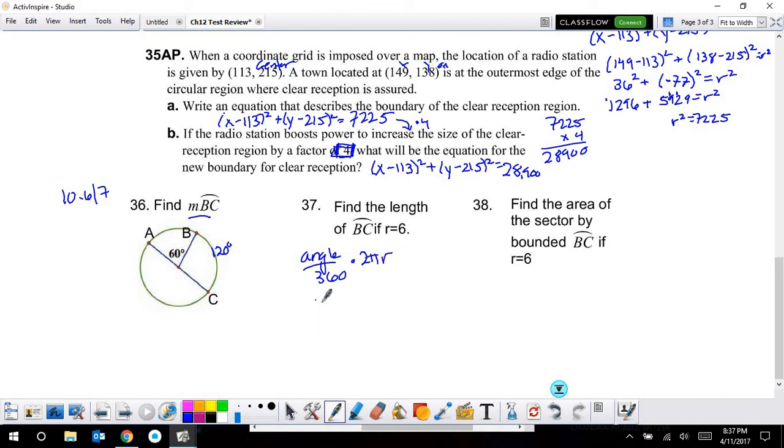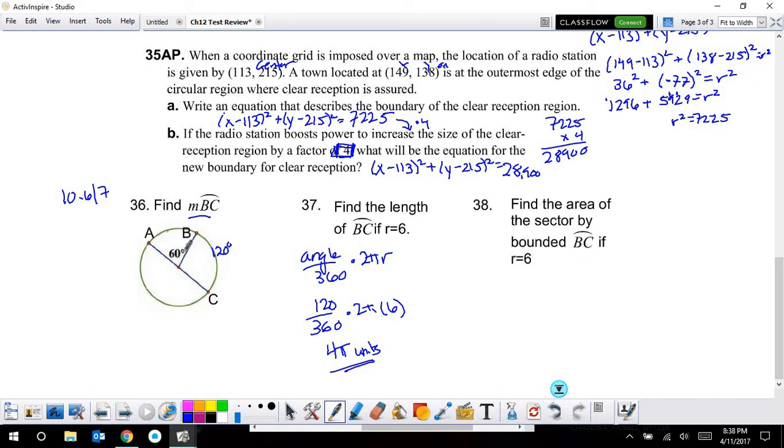So we've got the angle, we know is 120 over 360 times 2 times pi. The radius was 6. So when you do 120 over 360 times 2 times 6, you should get 4 pi, and I forgot to do units, but it would be units. Remember, you don't actually multiply the pi into your calculator.